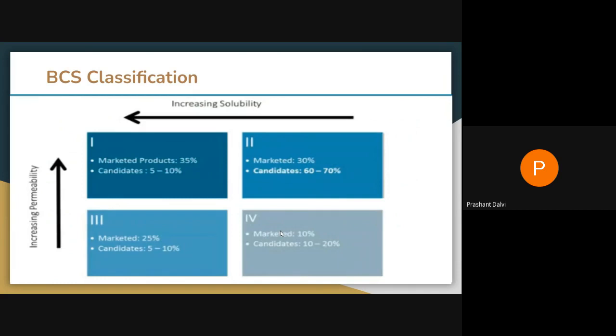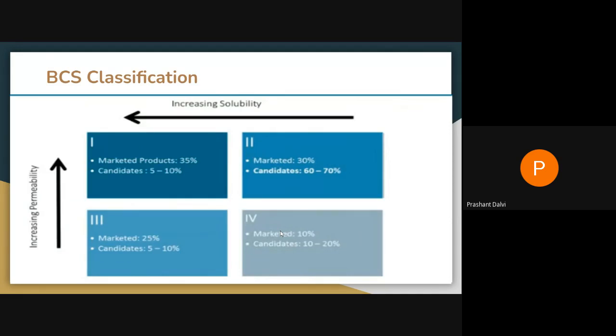You can see here, in class 1, the marketed product is about 35% and the candidate is only 5 to 10%. Yes or no? In class 2, the candidate is 60 to 70% and the marketed product is only 30%. So about 40 to 50% of drugs are unable to reach the market. In class 3, the marketed product is about 25% and the candidate is 5 to 10%.